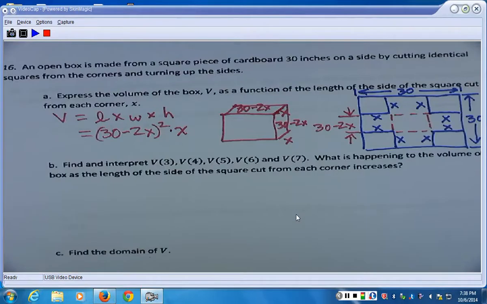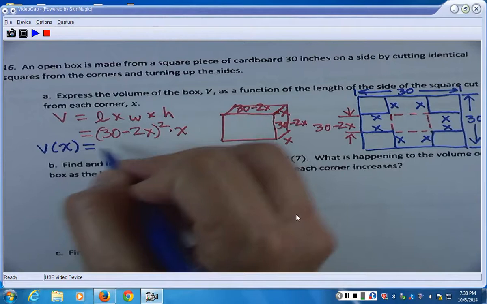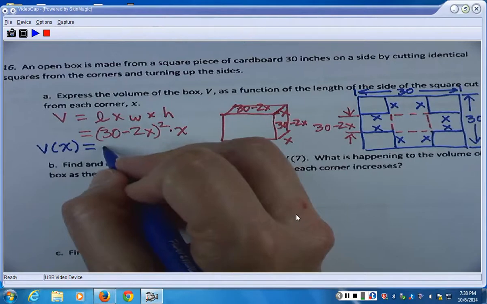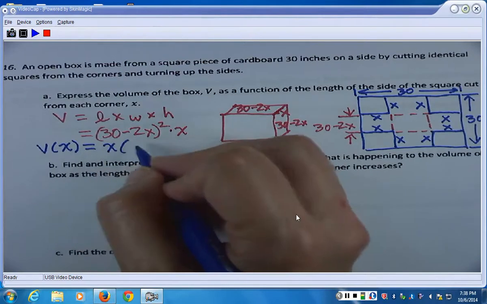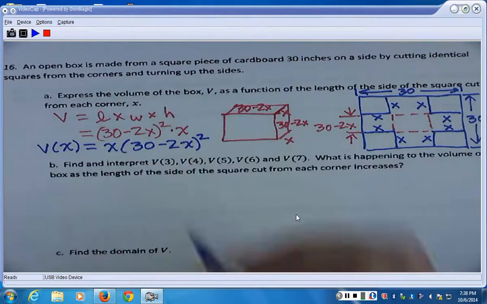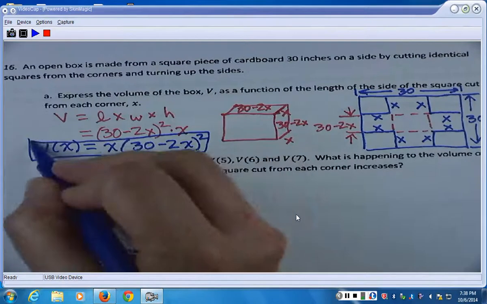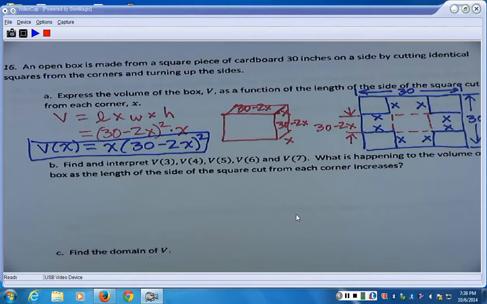And we want to write it as V of X, as a function. V of X equals, now I'll put the X first, X times 30 minus 2X squared. And you don't need to FOIL that out or anything. There it is. There's the volume of that box.